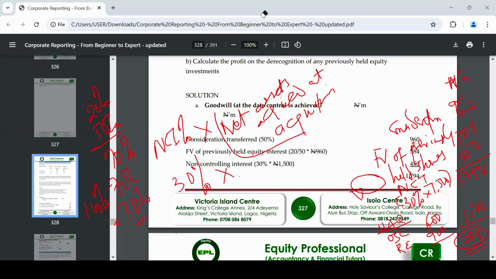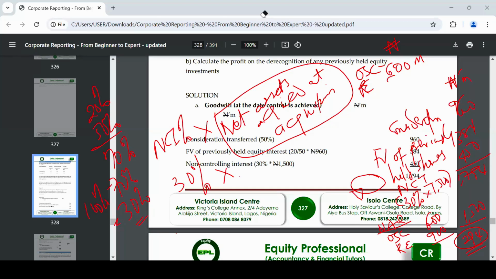But what is the net asset acquired? Very simple. They told us the ordinary share capital of MEG has remained 600 million, even before we acquired it, and it has remained like that. However, as at the day of acquisition, which is the day we bought this additional 50%, what was the retained earnings?